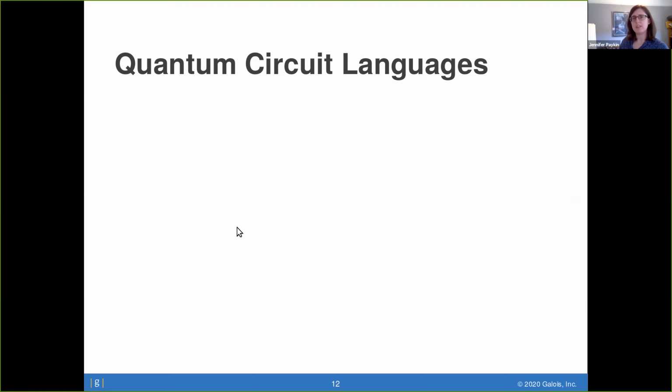I'm calling these circuit languages because essentially they're all conforming to the circuit model of quantum computation that I described before. There are some attempts to raise the level of abstraction so that the programmer is not actually thinking about circuits themselves, but the popular languages that we have now are almost all adhering to this model.